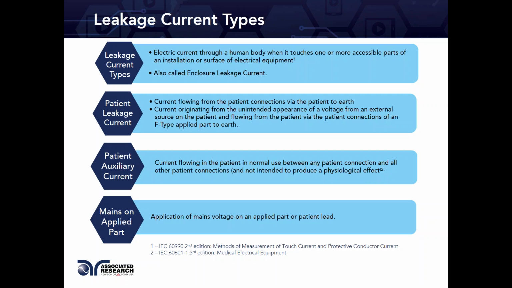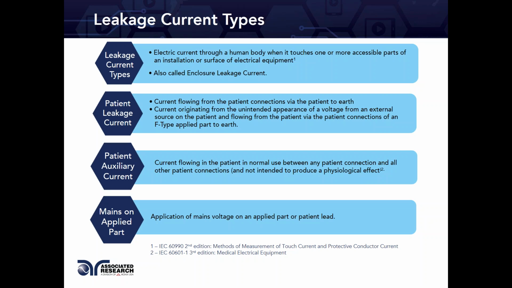When we go into patient leakage current, another type of current is called patient leakage. If you have types of applied part, now we go into medical field, products that are going to be coming in direct contact with the patient. Current flowing from a patient connection via patient to earth. So imagine you're hooked up to a pulse oximeter. What kind of leakage current can you feel at that point?